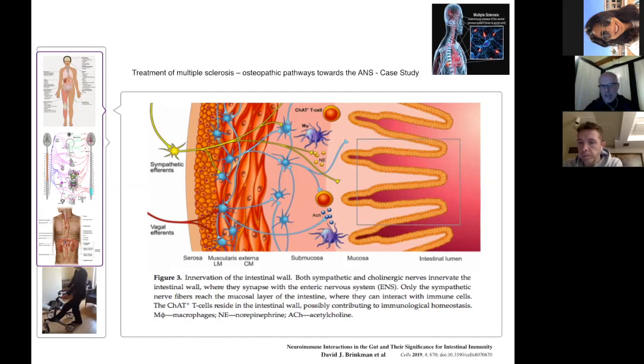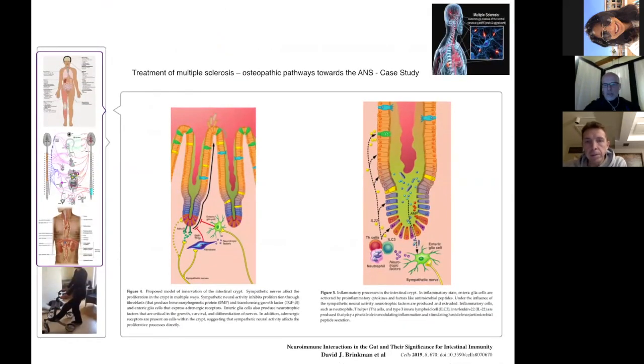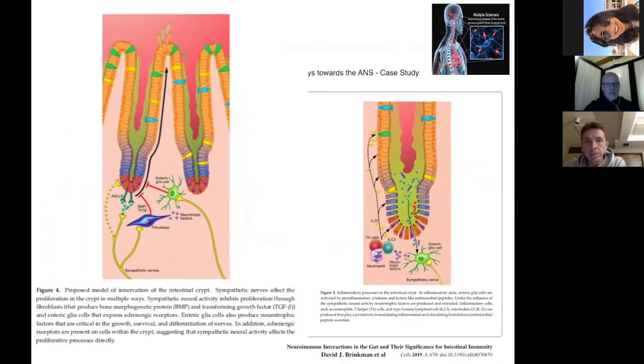And when we go further to depth, this is what's happening too. We have innervation of the actual crypts of the gut, by neurotrophic innervation by the sympathetic nerves, involving changes in the actual gap structures of the intestinal crypts themselves.